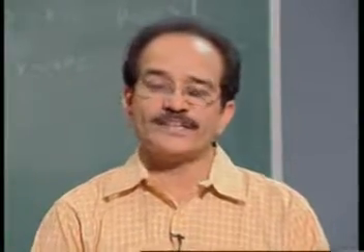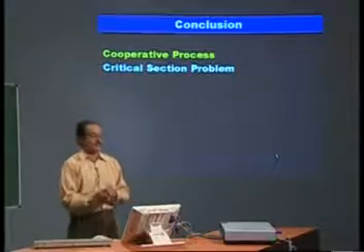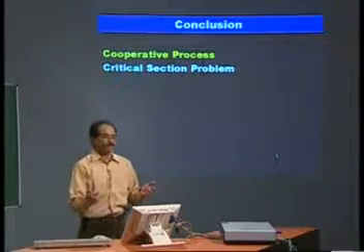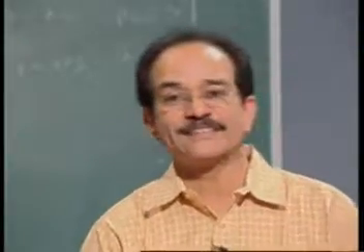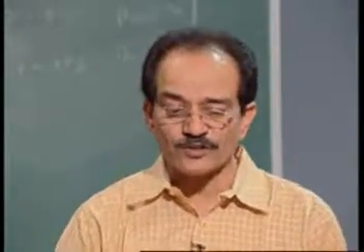Now, this can lead us to a problem where, in case there are 2 processes which share variables and I do not synchronize them, there can be the problem of inconsistencies in the results.